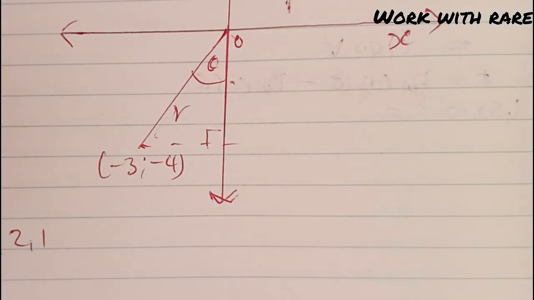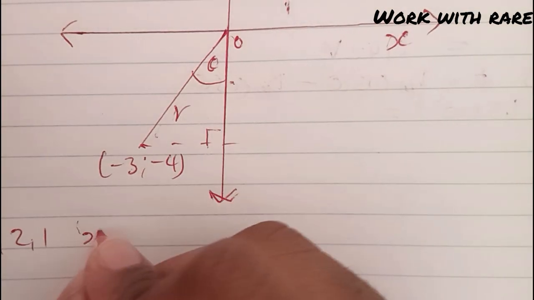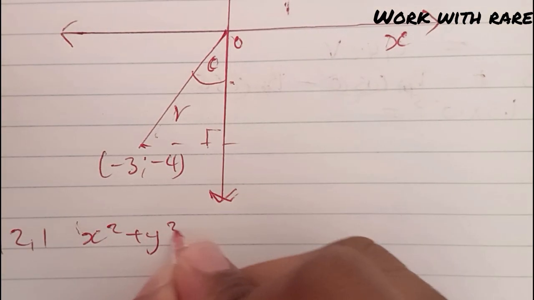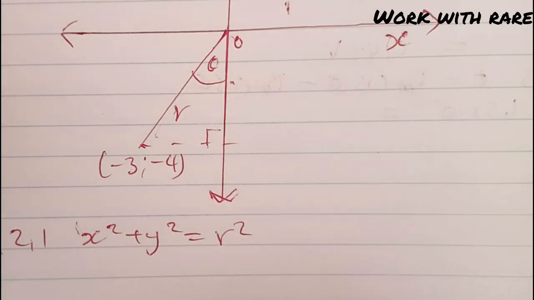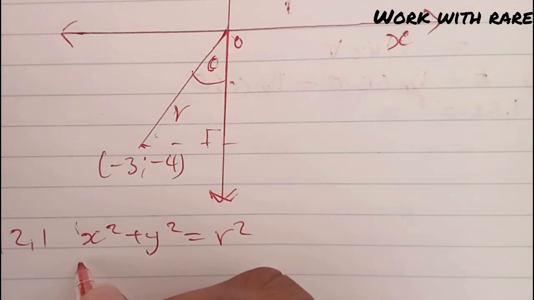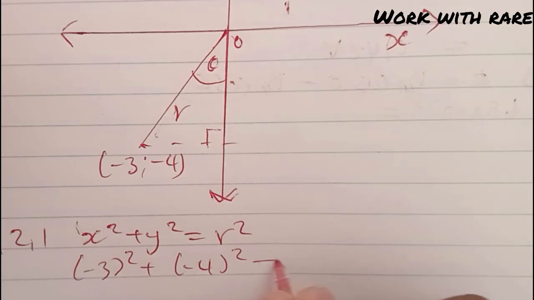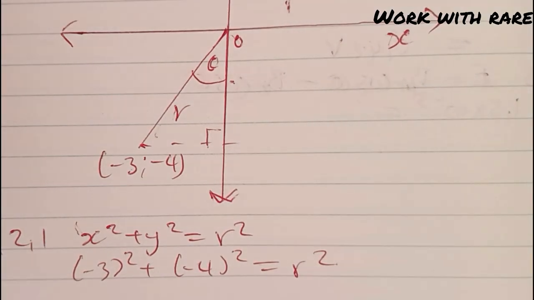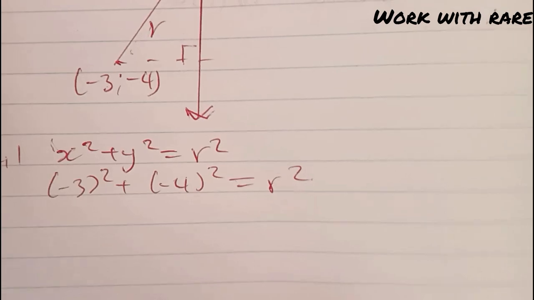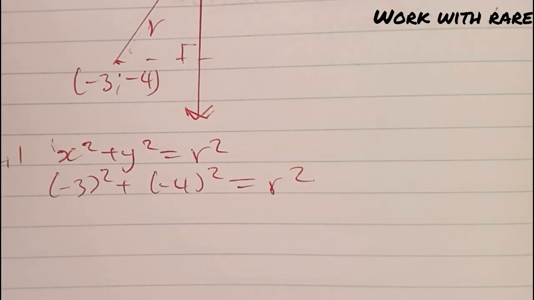Remember, you use it only when you have a right angle triangle, right? So this is the formula for the theorem of Pythagoras. Where we see x, we substitute -3. Where we see y, we substitute 4. I don't want to waste time on this, because I hope you guys already know this. You can't do grade 10 without knowing the theorem of Pythagoras.